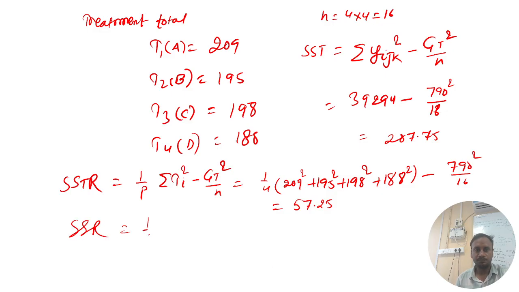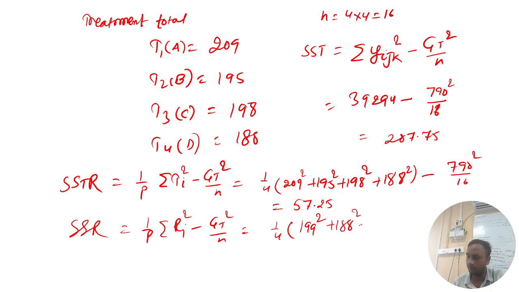SSR is 1 by P summation of R square minus GT square by N. SSR will become 1 by 4 times 199 square plus 188 square plus 201 square plus 202 square minus 790 square by 16. It came to 31.25.